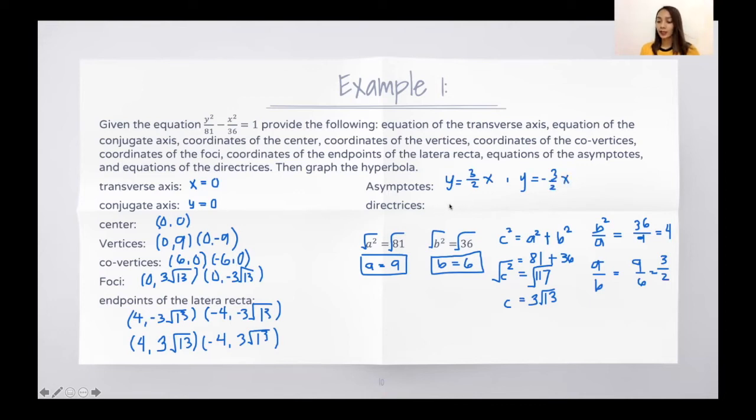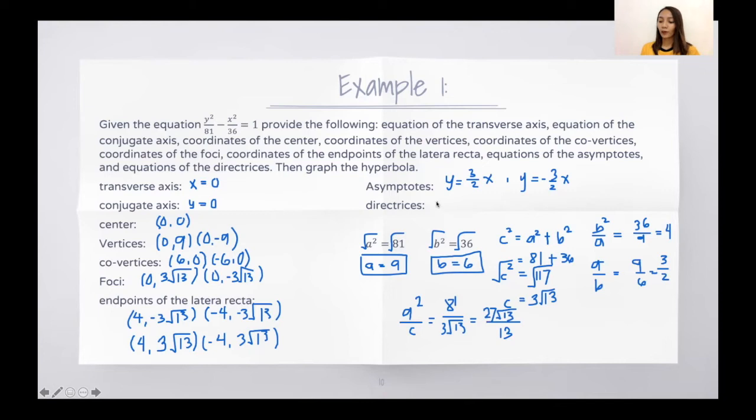To find the directrices, we have y is equal to positive negative a squared all over c. So let us find the value of a squared all over c. So a squared is 81 and c is 3 the square root of 13. So 81 all over 3 the square root of 13. So 81 divided by 3 is 27, 27 the square root of 13 over 13.